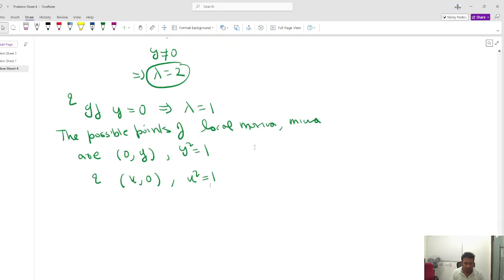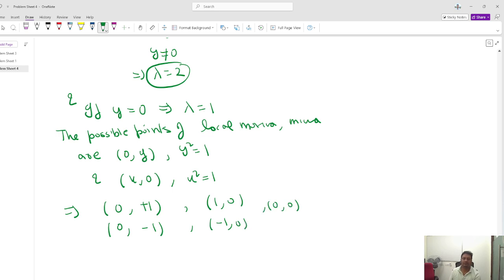So meaning what all points you have, these are all the points: (0, 1), (0, minus 1), and (1, 0), (minus 1, 0). And you had already (0, 0).